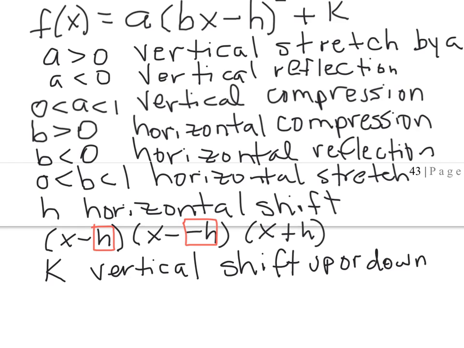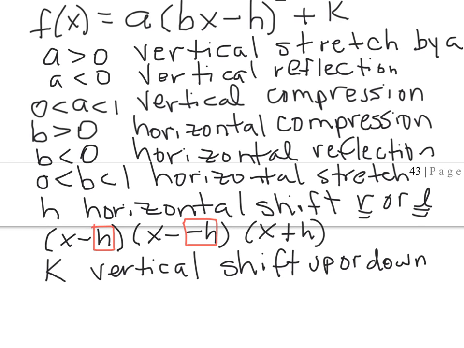Oh, and this one up here, the horizontal shift is right or left. Okay, so that's a horizontal shift, right or left. K is a vertical shift up or down, and K only affects Y. Okay, K only affects the Y value.